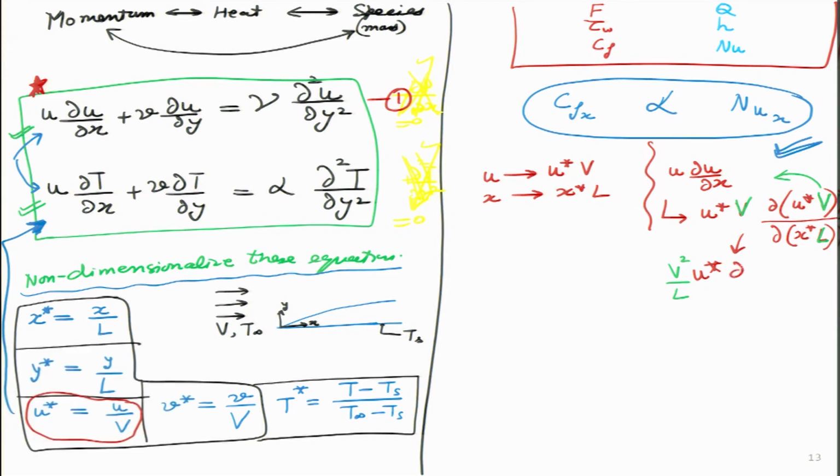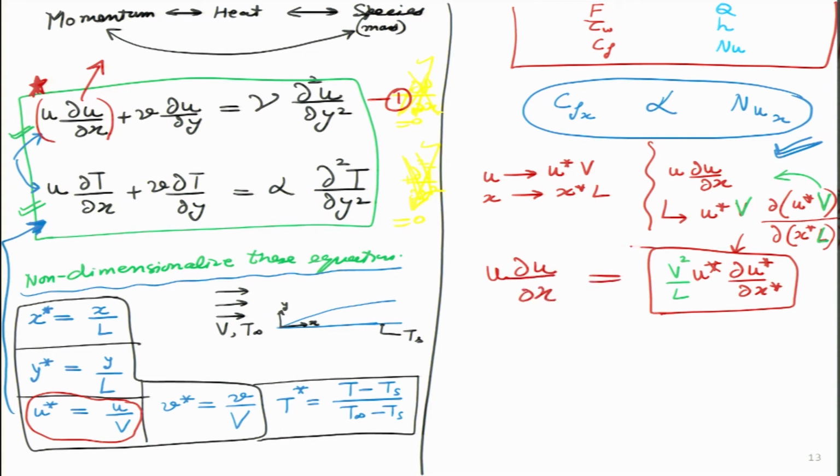And what I get is del u star by del x star. Okay. So, this is how I have non-dimensionalized the first term. I am going slowly just to explain to the students. So, this first term, u del u by del x, has become this particular expression over here.